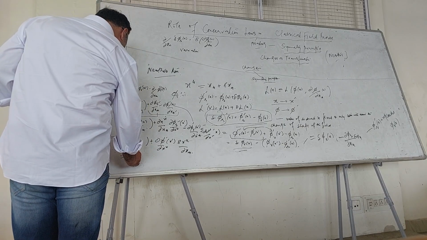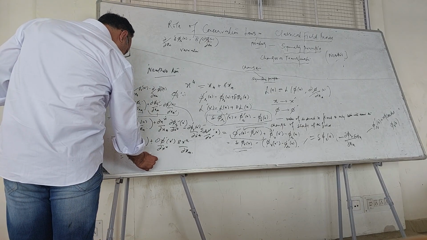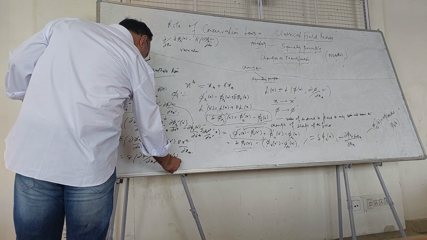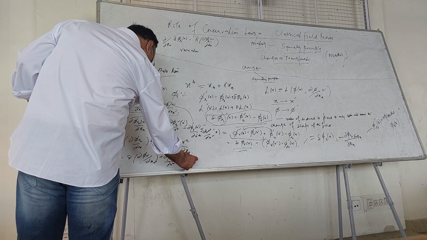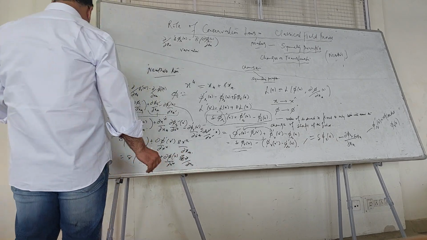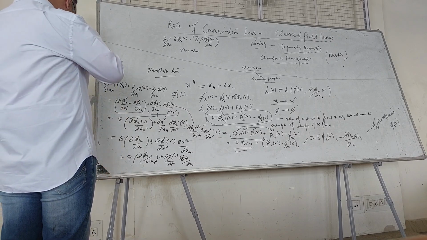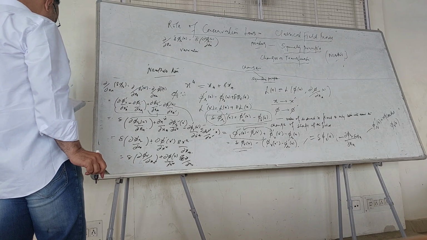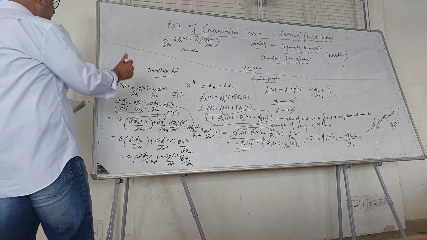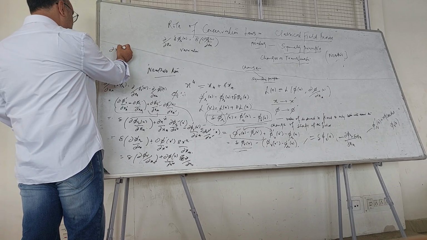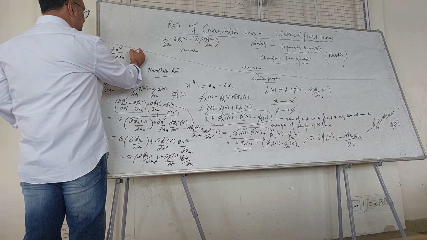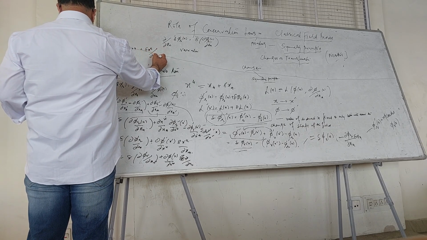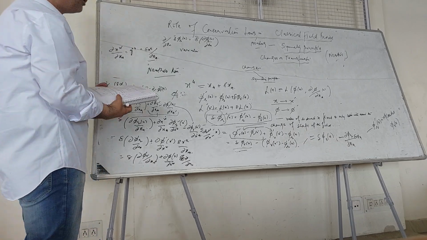Or you can say delta, where in the last step we have used the identity like this. The identity we used: dx mu by dx mu is equal to g mu plus delta x mu by dx mu, which is valid only up to first order.